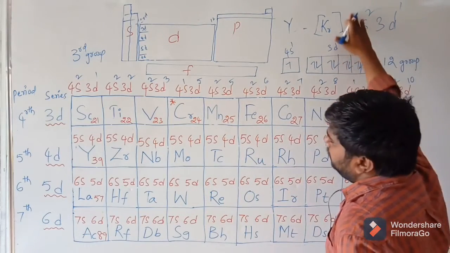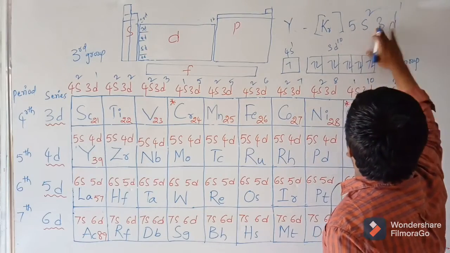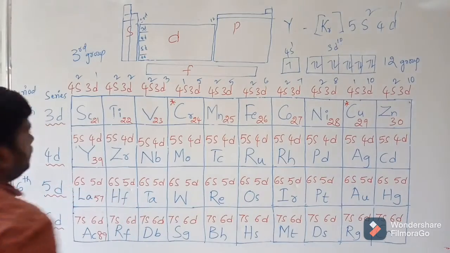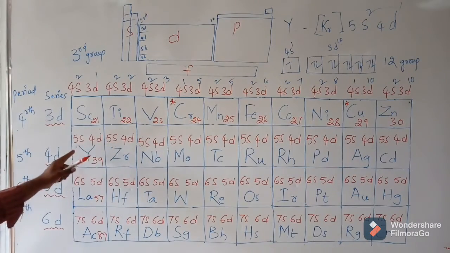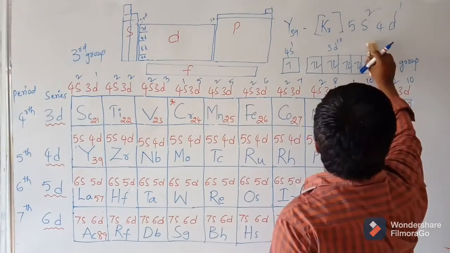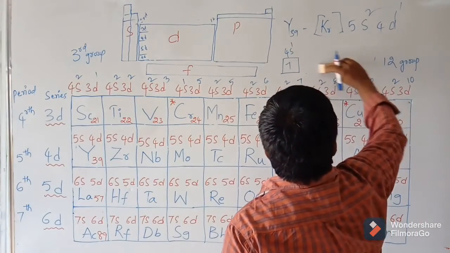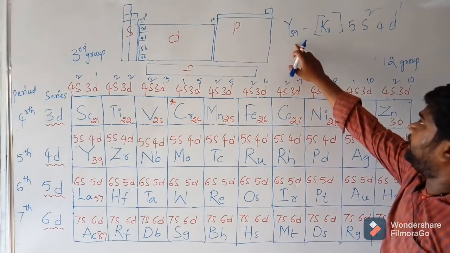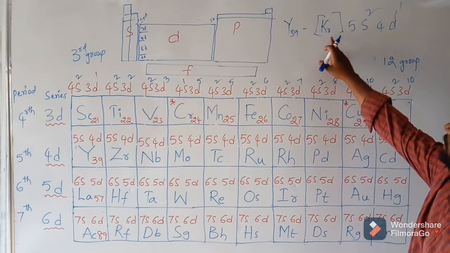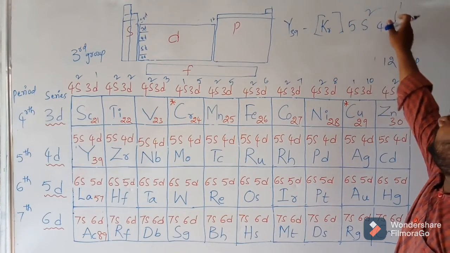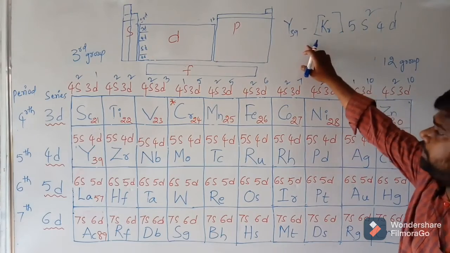So this is 5s2 4d. Yttrium atomic number 39, by using the noble gas krypton, atomic number 36, 37, 38, 39. Okay, this is the electron configuration of yttrium.